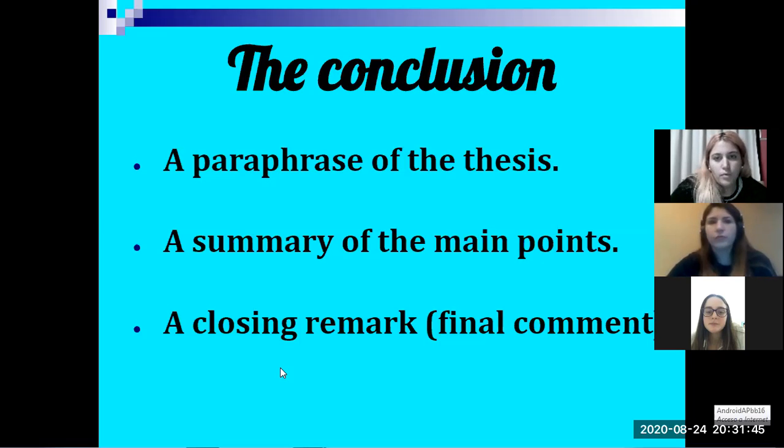So 16th century children were unprotected. It is a kind of syllogism; this would prove on itself. That would be a summary of the main points. Of course, what I want to prove, a summary of the main points, and a final comment.